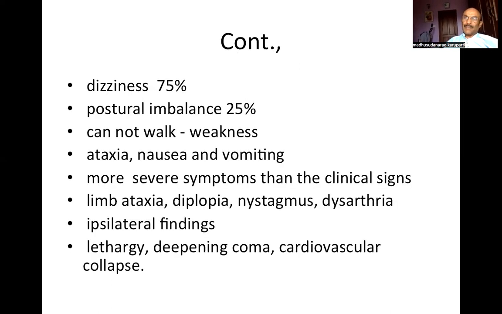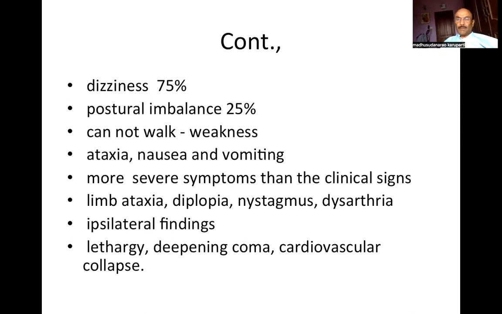Dizziness is the most common presentation of cerebellar stroke, occurring in 75% of patients. Postural imbalance is next, occurring in 25% of the patients. And there is weakness, ataxia, nausea, and vomiting.